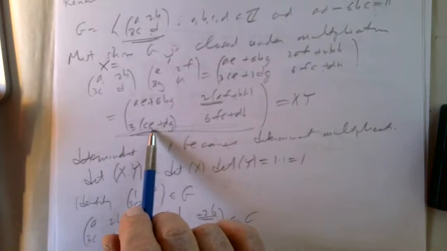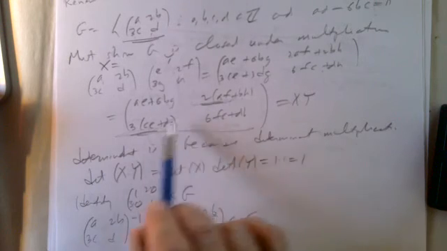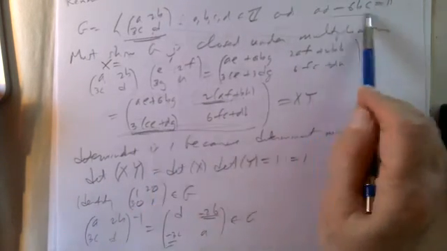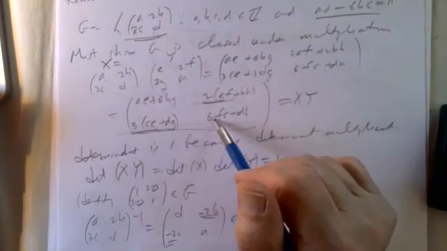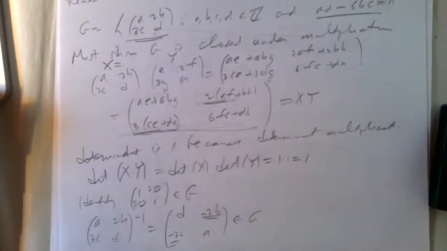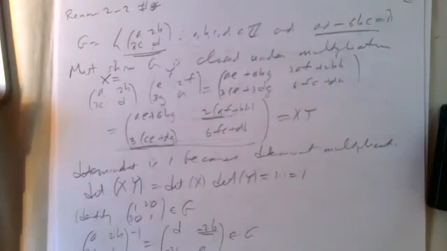So it satisfies the condition that this coordinate is divisible by 2 and this coordinate is divisible by 3. But I also need that this times this minus this is 1. How do I know that? Oh, you have to say, okay, I see. Right. This is part of the definition of G.